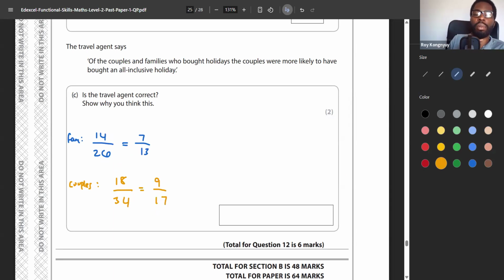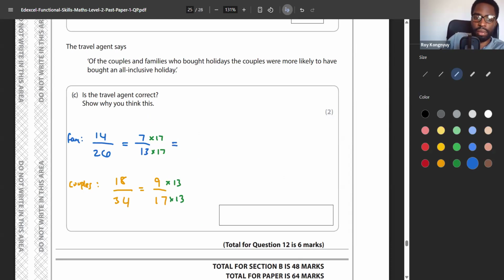Now, both of these are prime numbers, so we can't directly compare them. What we can do is introduce a factor of 17 here and a factor of 13 here so that both of them have a common denominator and we can compare them directly.